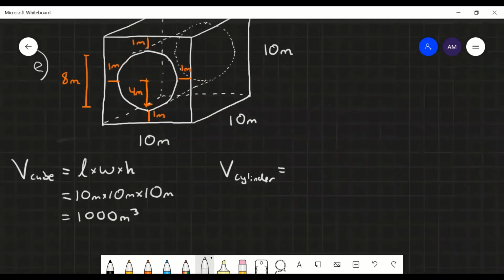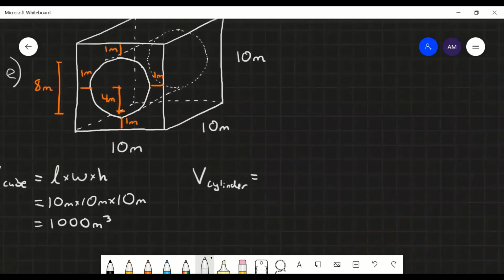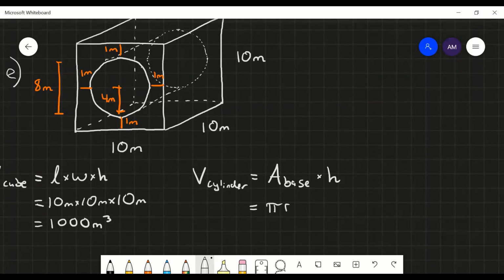The cylinder, on the other hand, is going to be a bit different because it's going to be the area of the base times the height. The area of the base would be the area of a circle, which is pi times r squared, then times the height. And the radius we said was 4 meters.